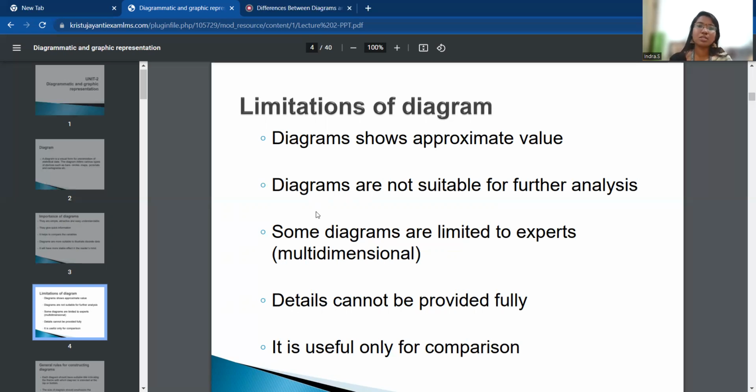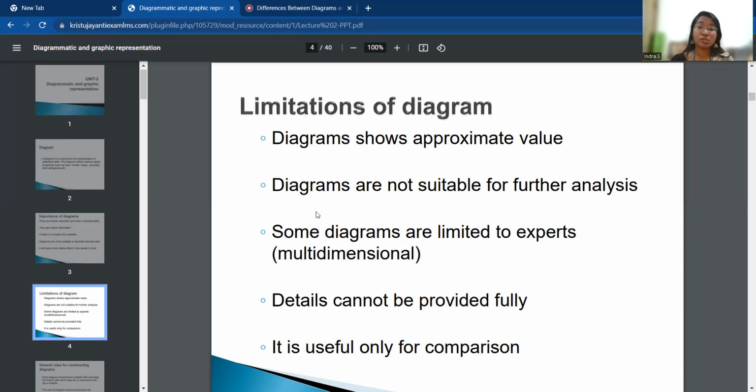The second important thing is that with diagrams, it is very difficult for me to go for further analysis. Meaning, if I have descriptive analysis, frequencies, statistical values, it is not helpful if I have a bar graph.